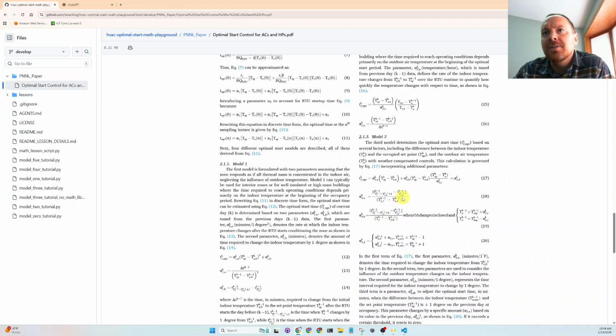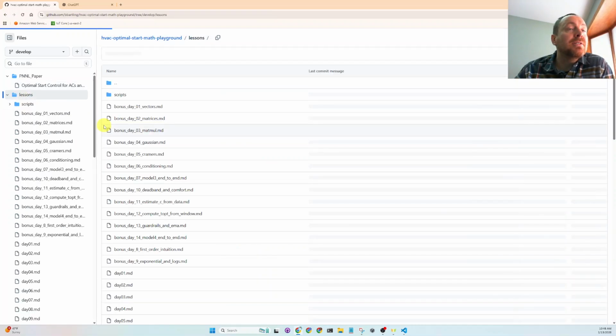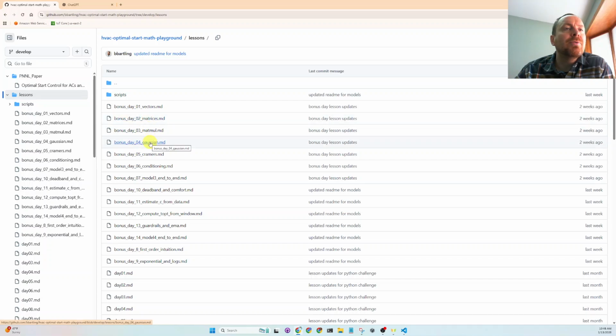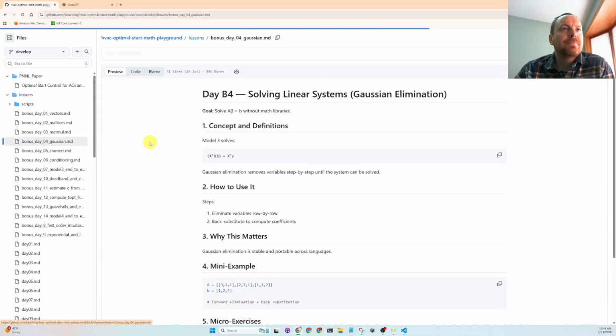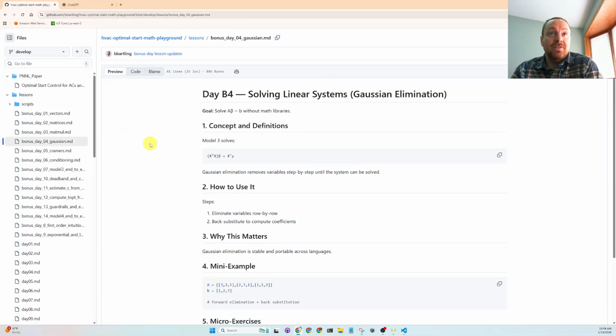Like we said, we're still doing model 3, so running the linear regression manually. So let's get into it. I think we're on bonus day 4, which I have a little bit to learn here. Okay, so let's do it.